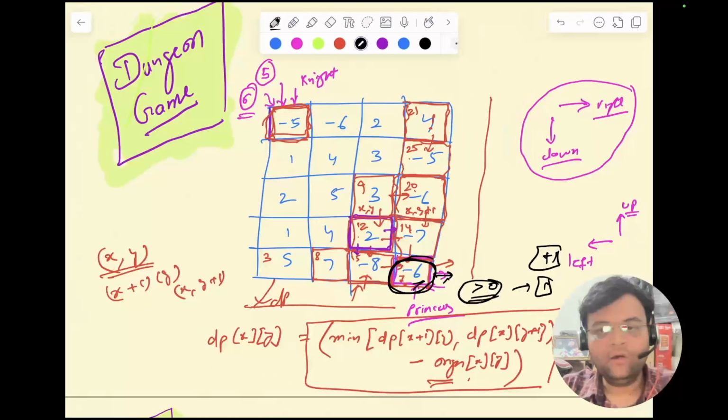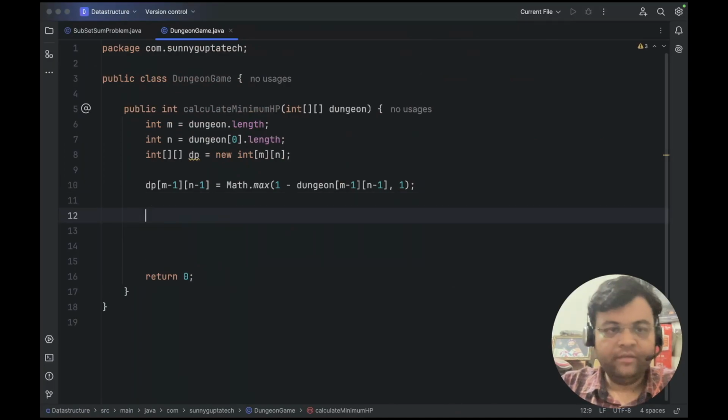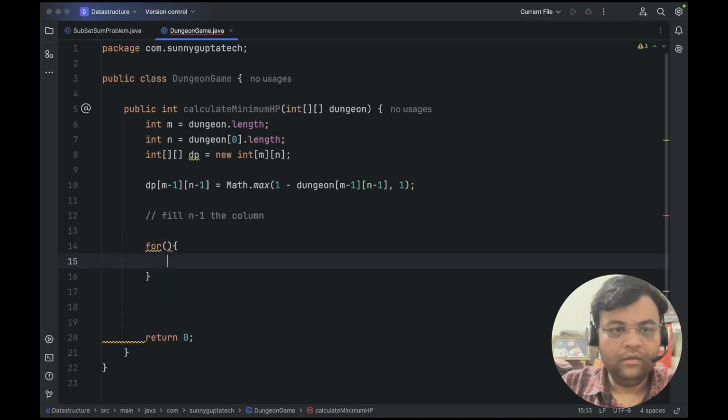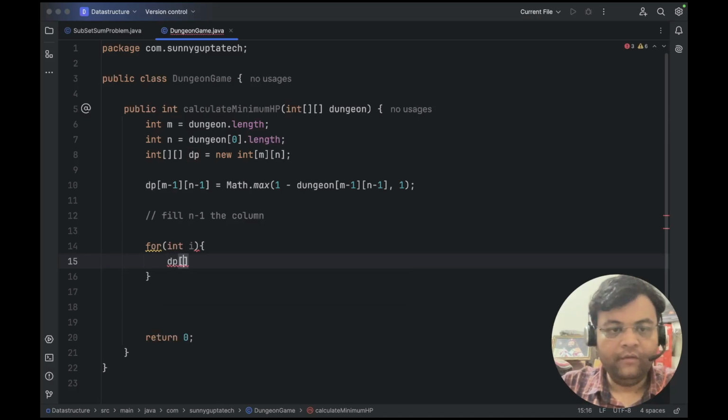Now we'll fill this row, right? This is m rows, n columns, so the n minus 1th column. Let's fill the n minus 1th column. So dp of i, n minus 1.